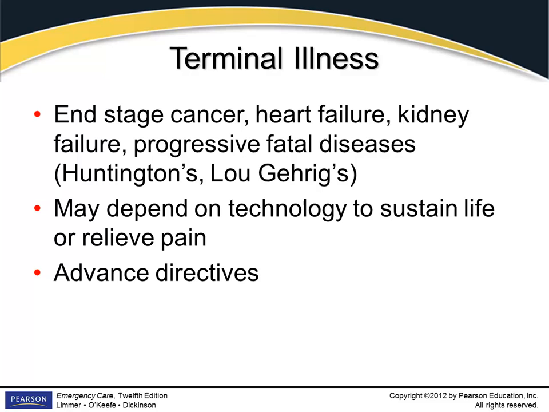We want to know if they have a DNR, which isn't really technically an advance directive, but advance directive really talks about their end of life, what they want to happen possibly. But all we care about is do you have a DNR or not. The rest of that stuff doesn't really matter. If they've got paperwork, you might take it with you to the hospital, but it's not going to change our care. The only thing that changes our care is if they have a DNR.